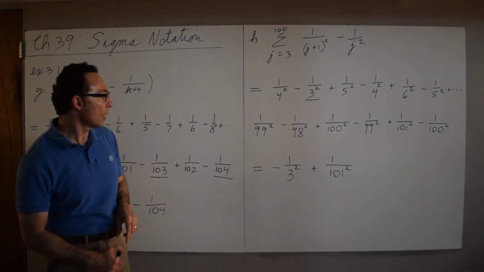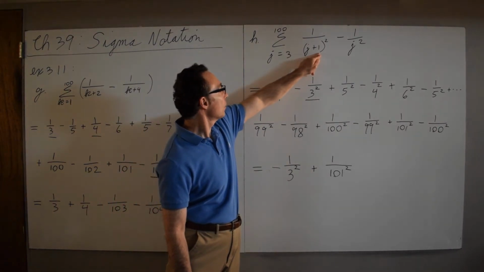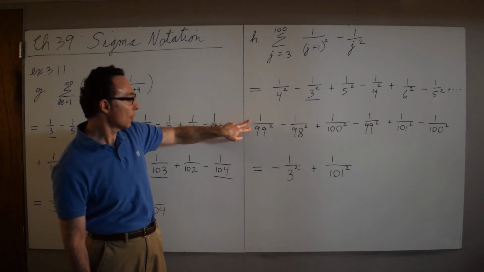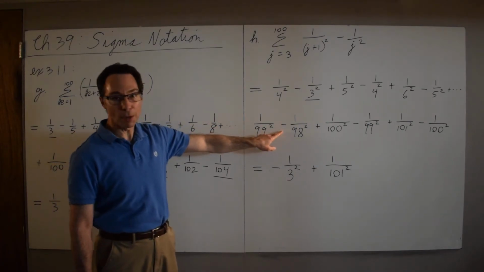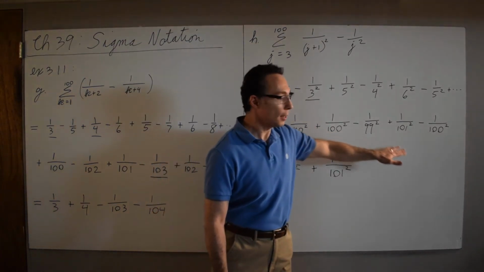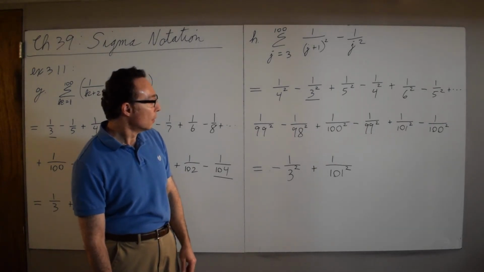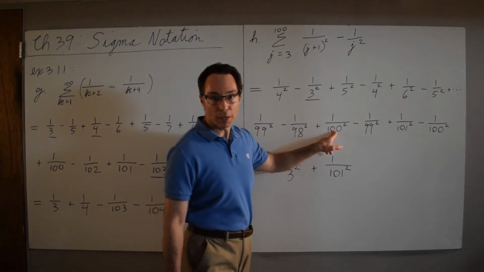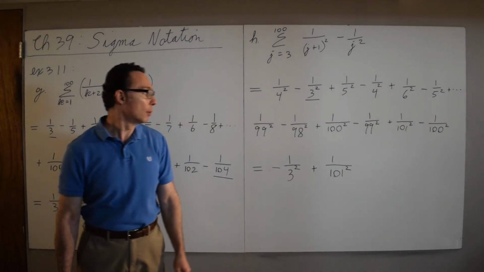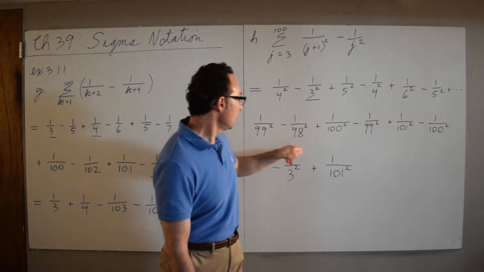Now what happens at the end? Let's start at 98. So we have 98 plus 1 is 99, so we have 1 divided by 99 squared. Minus 1 divided by 98 squared, plus 1 divided by 100 squared, etc., etc. Okay, so we have our positive 1 divided by 100 squared and negative 1 divided by 100 squared. Same thing with the 99s.